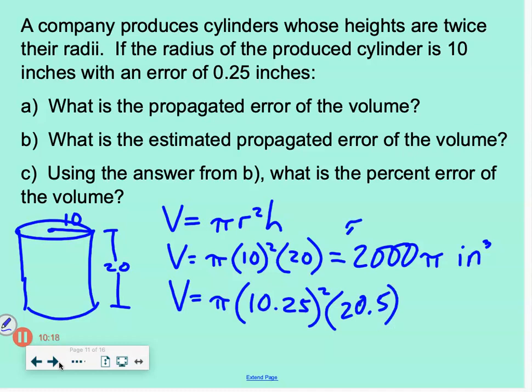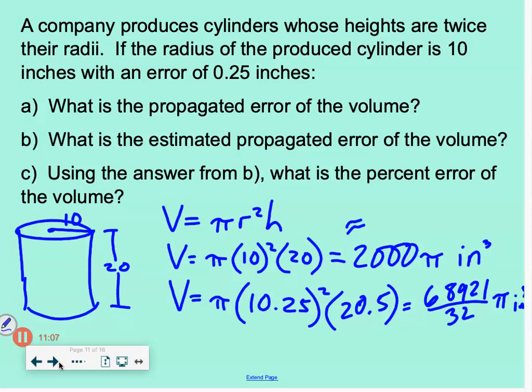I should get this as a decimal so you can see the actual. I get 6.8921 over 32 pi inches cubed.